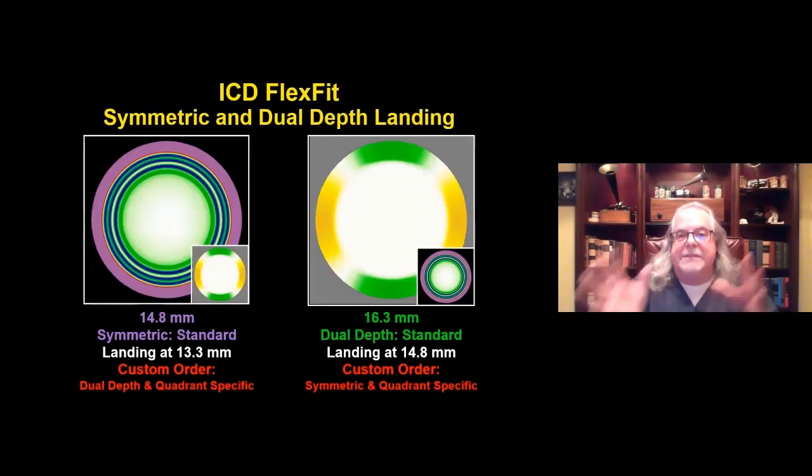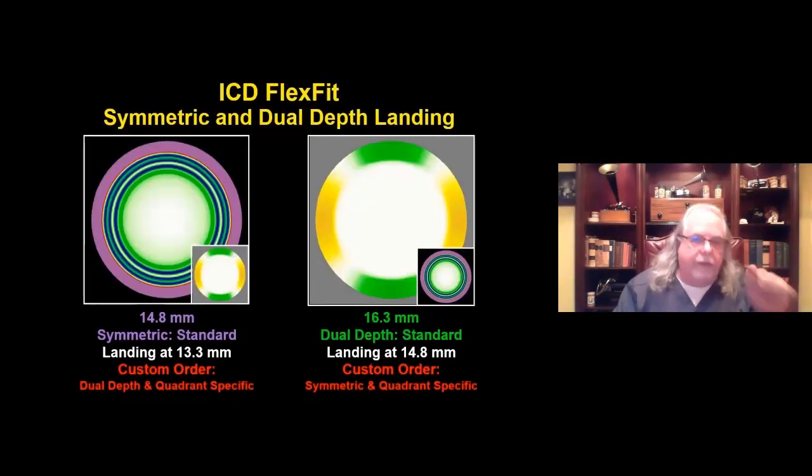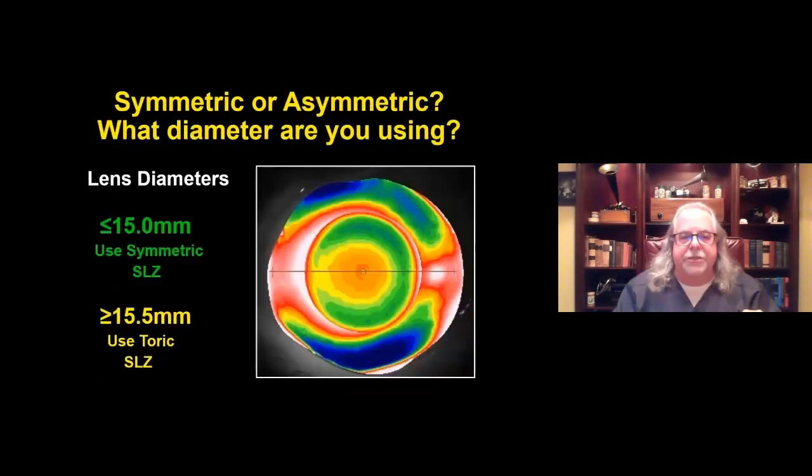So that becomes the standard for those larger diameter lenses. Now, both the 14.8 and 16.3 can be made toric, but the 14.8, again, in studies we did at Pacific University, showed that the peripheral, the sclera at that point of landing was essentially spherical. So once again, we don't usually need to use a toric periphery with the 14.8 configuration.